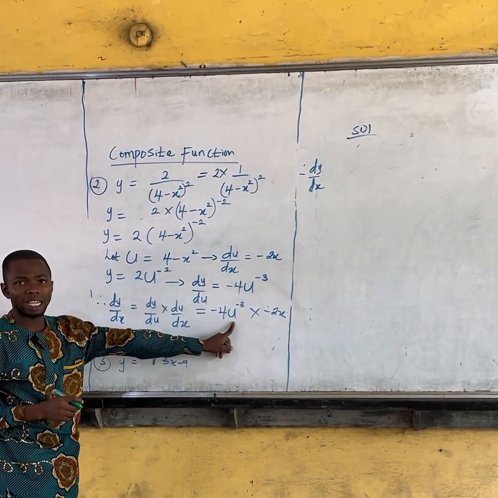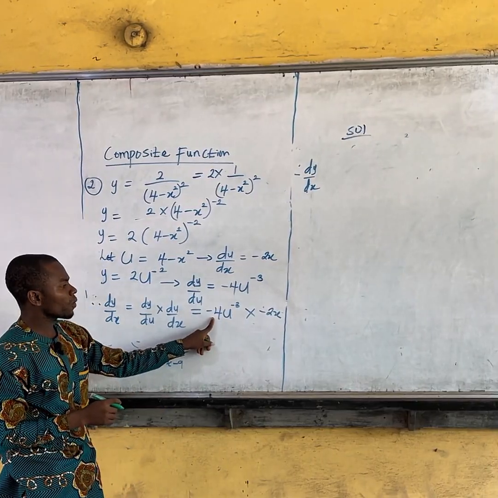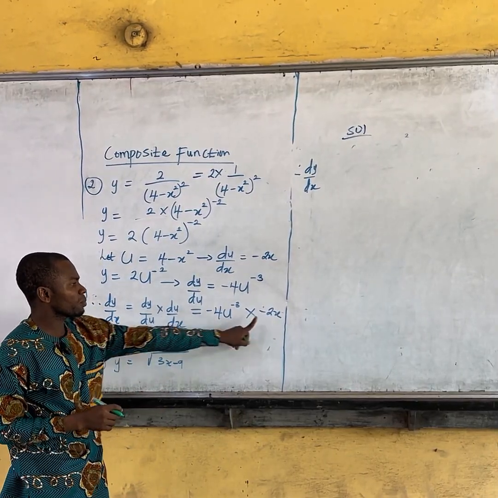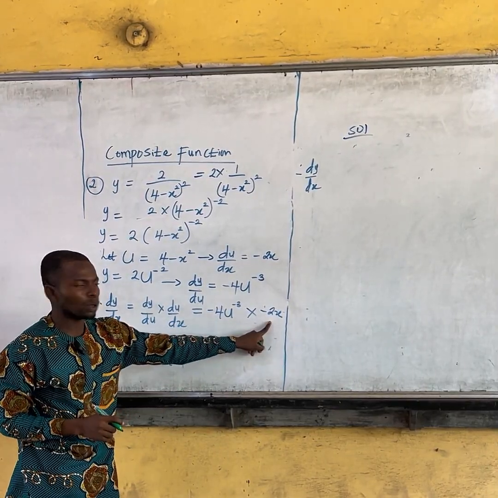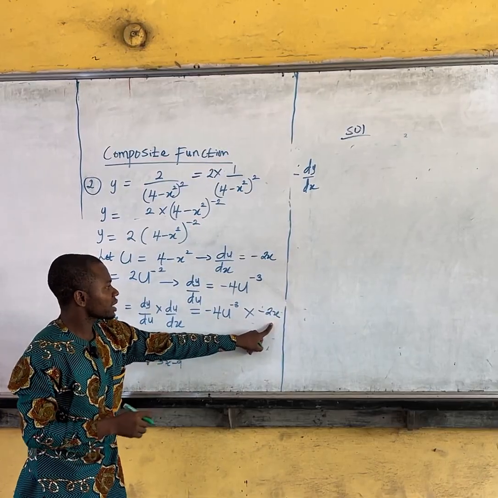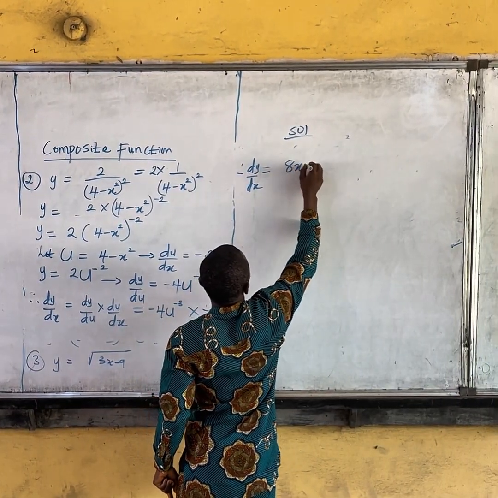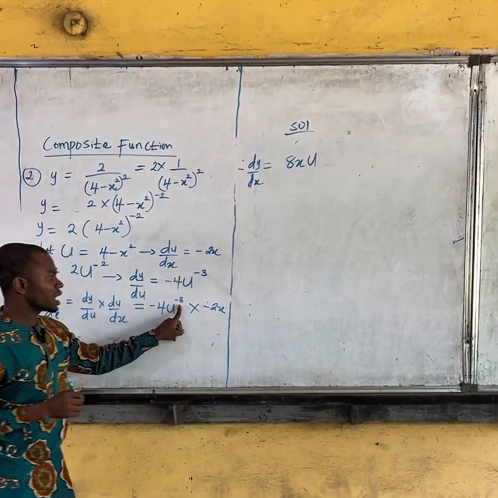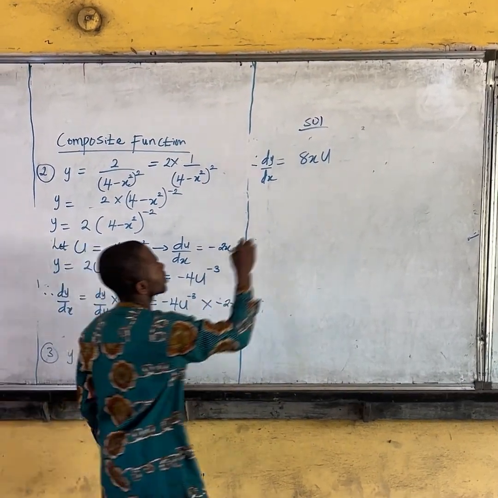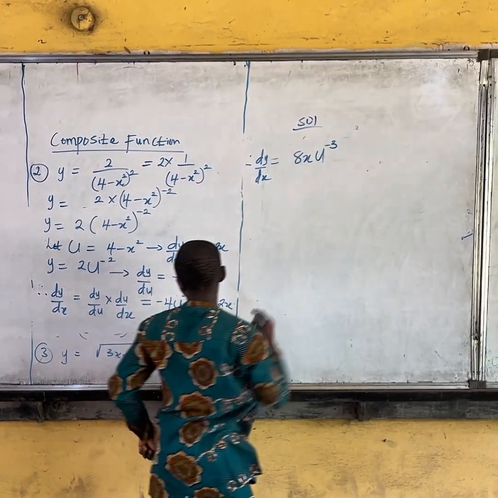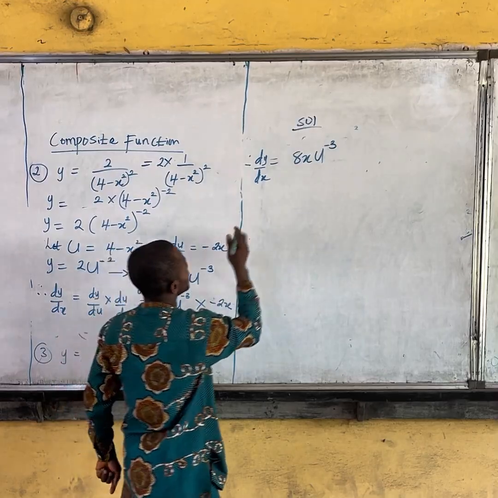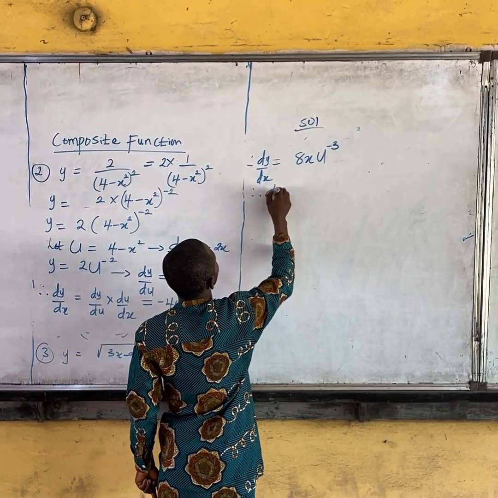We've not gotten the final answer. So minus 4, you know there is minus 4 here, there is minus 2 here. Minus times minus is plus, 4 times 2x, that is 8x, u raised to the power of minus 3.